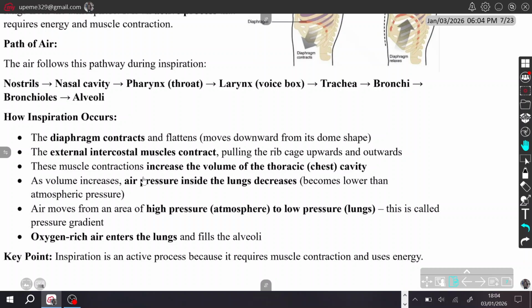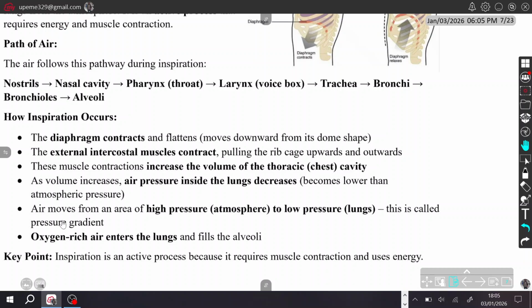Now what happens? Air moves from an area of high pressure, which is the atmosphere, to low pressure, which is the lungs. So after you breathe in, the pressure inside the lungs becomes lower, the volume increases, and therefore air moves from the atmosphere into the lungs.